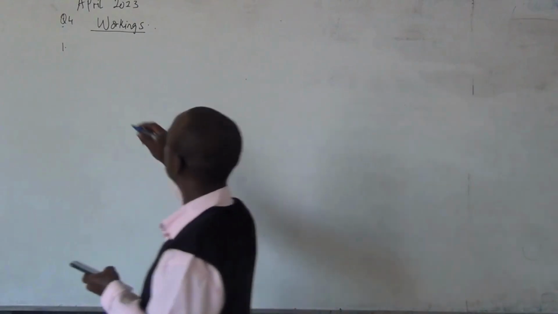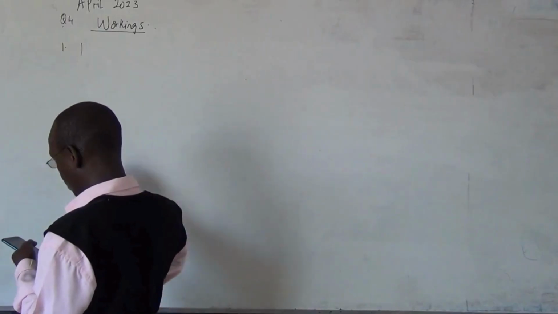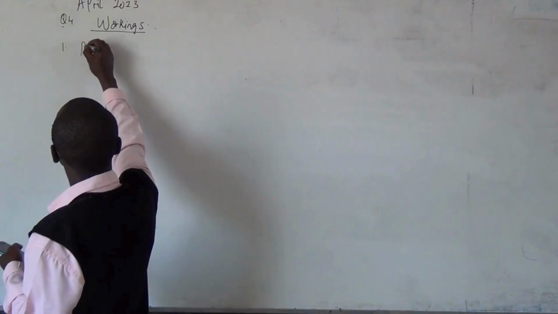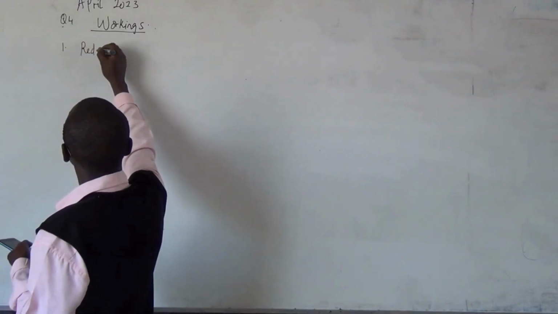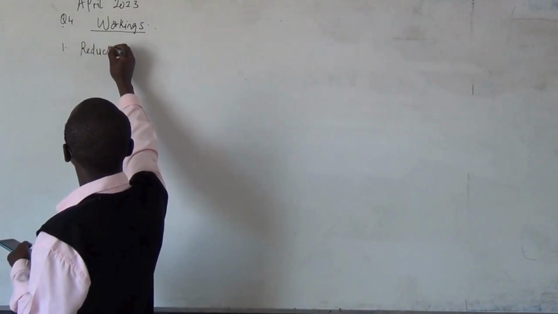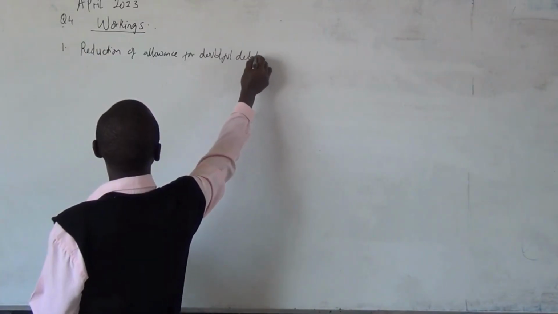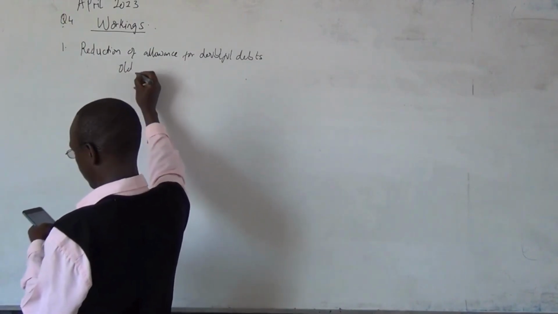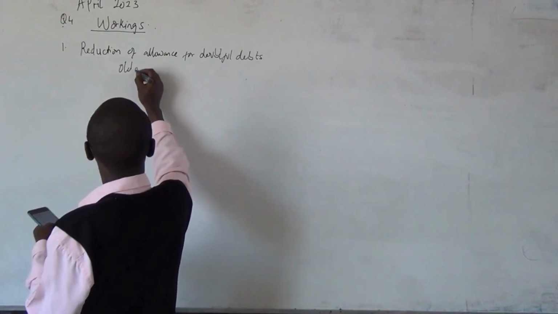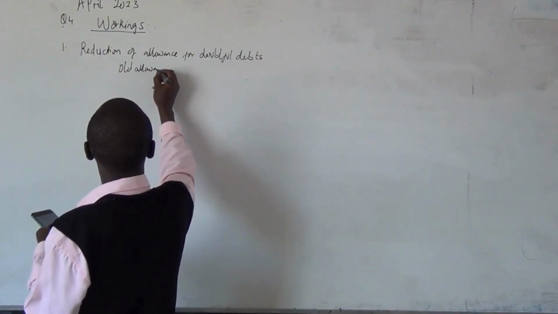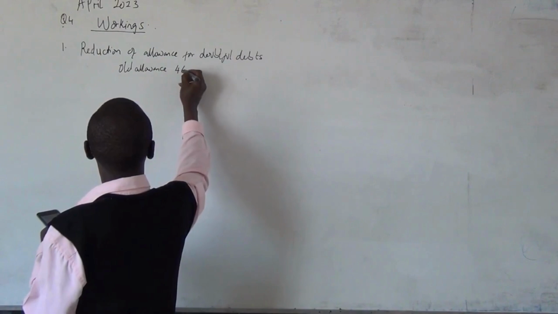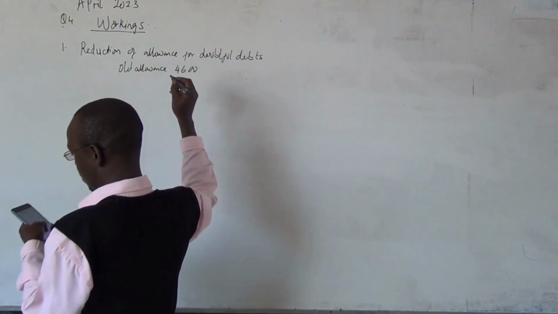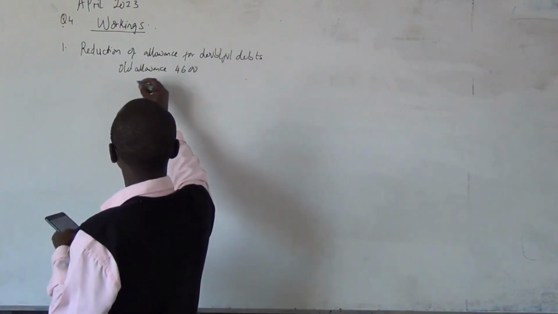Before you go to depreciation, can you see the provision for doubtful debts? We have what in the trial balance? 4,600. This is the old allowance. The new allowance to be 1,200.